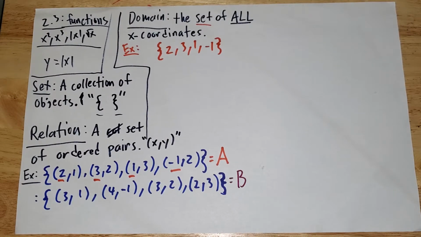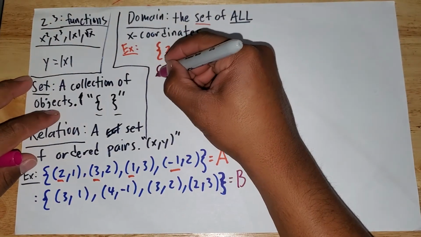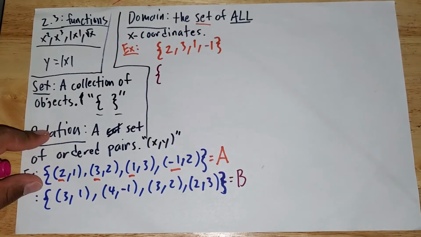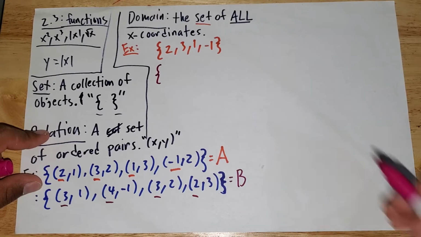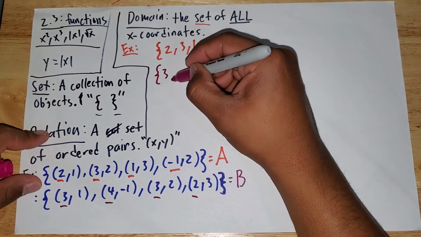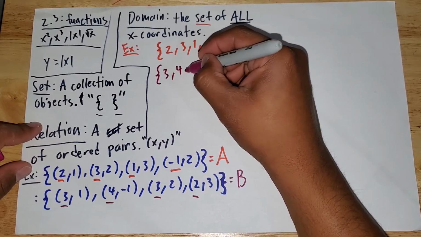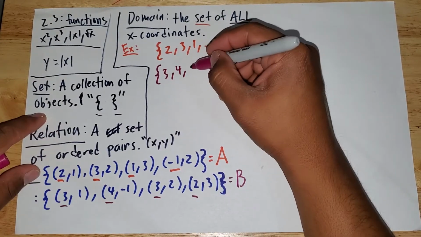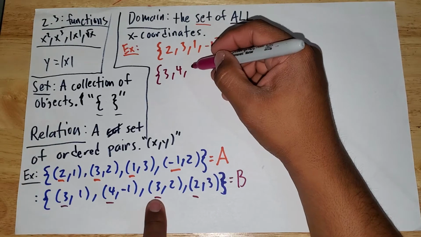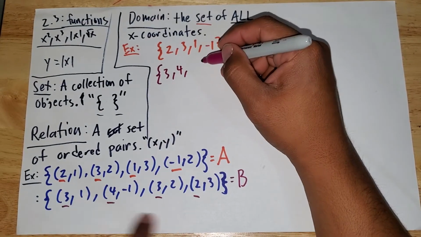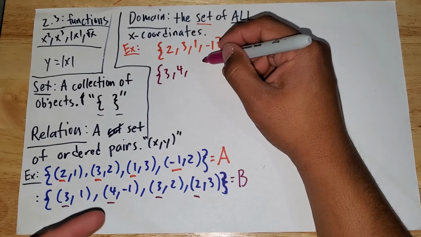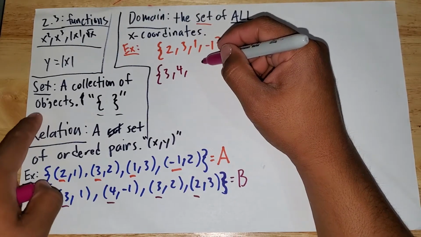Now, if we're looking at B, same thing. I have to write the set of all the x coordinates of B. So first we have a 3. We have a 4. Then we have another 3. You never repeat the same object in a set.